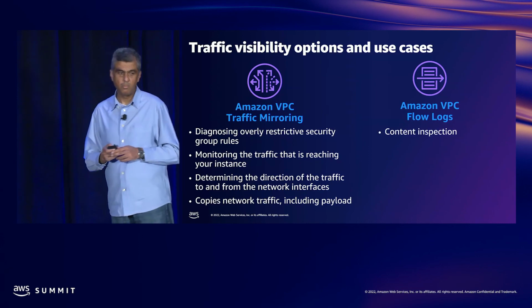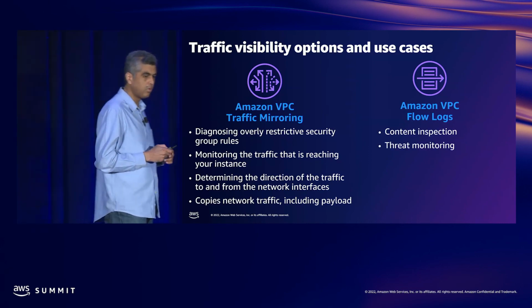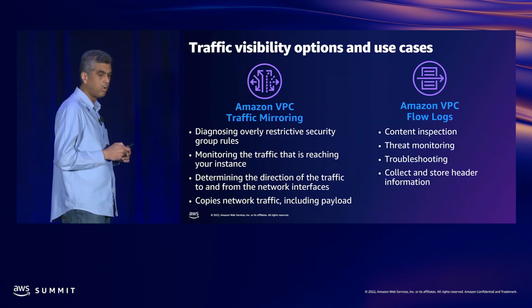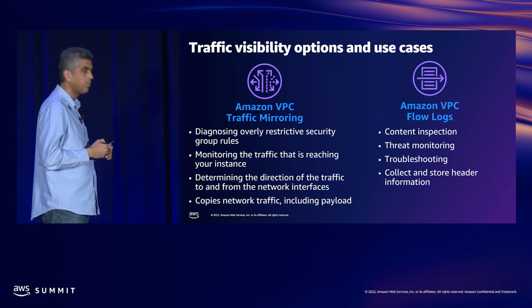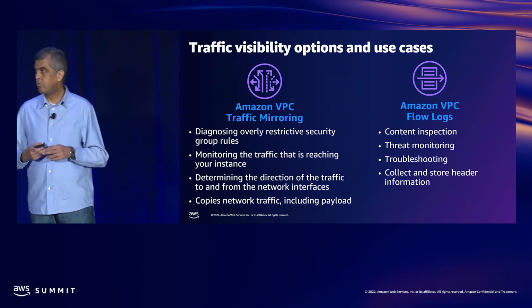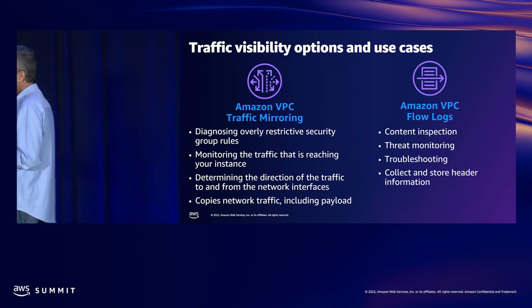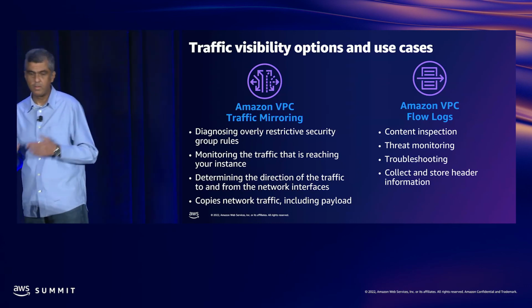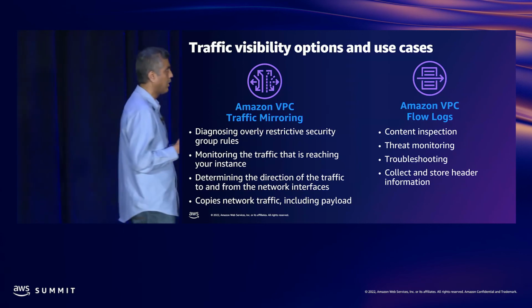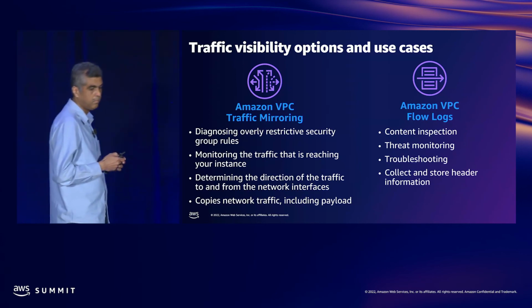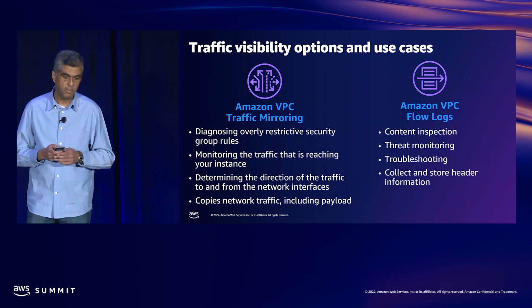So it's not the actual payload, but the metadata. And the use cases are slightly different. Flow logs are important for things like overly permissive security groups, or if you are troubleshooting. That's where flow logs come in handy. Traffic mirroring, as the name implies, is actual native packet payload capturing, useful for content inspection.